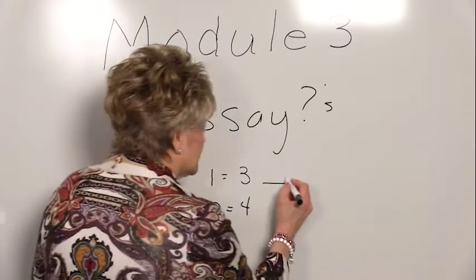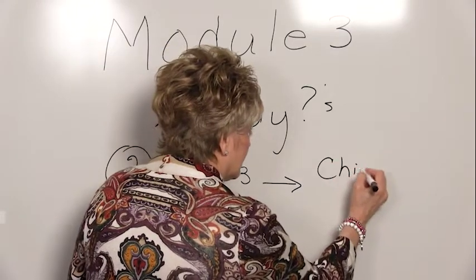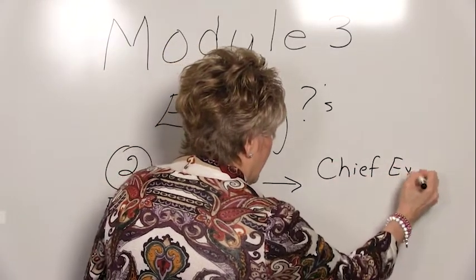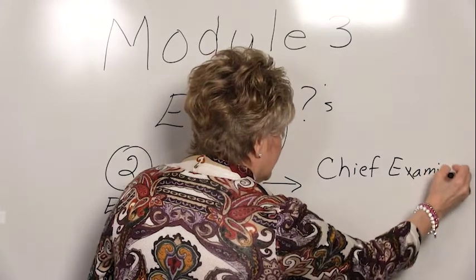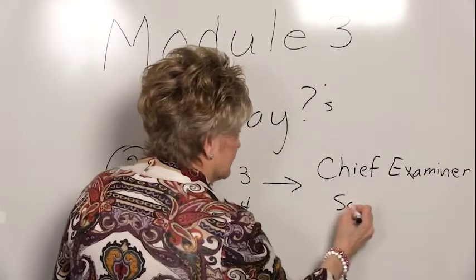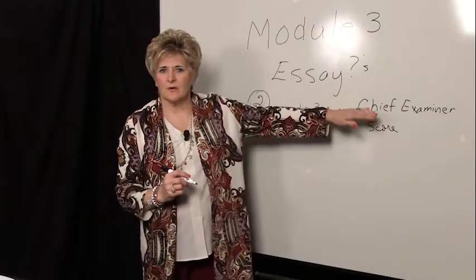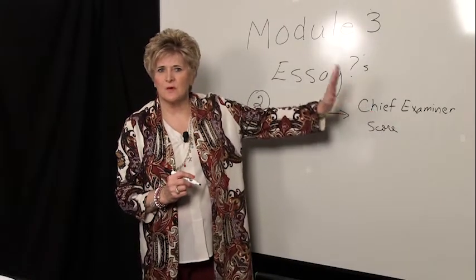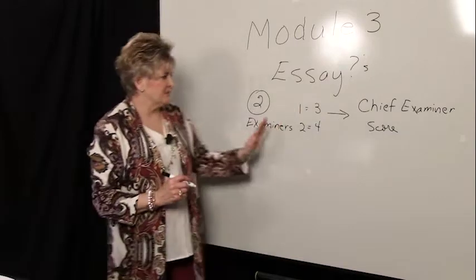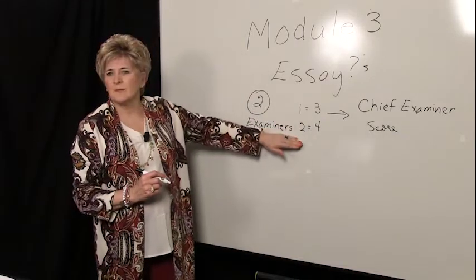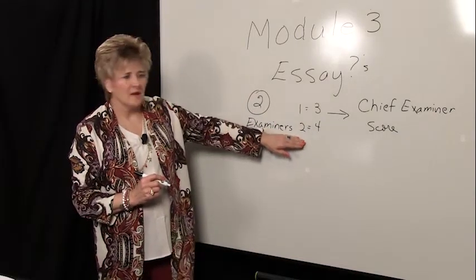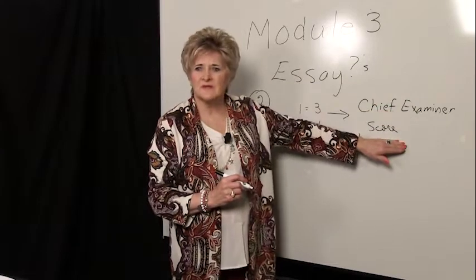It then goes to a chief examiner, and the chief examiner assigns a score. What the chief examiner assigns as the score stands. The chief examiner does not know what examiners 1 and 2 have given. The chief examiner then assigns a score.